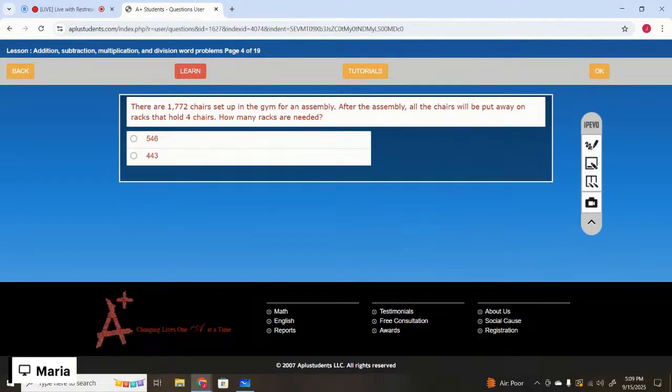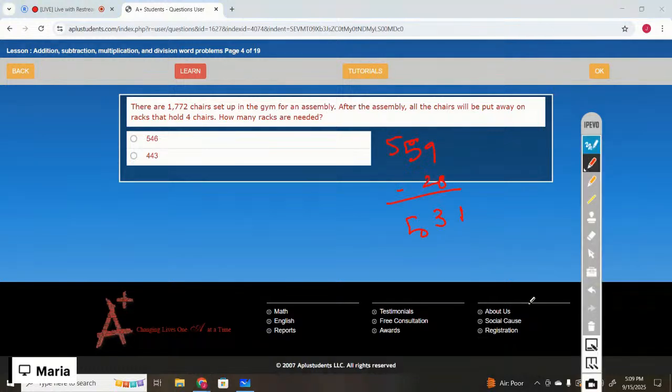How many racks are needed? So you need to divide 1,772 by 4.